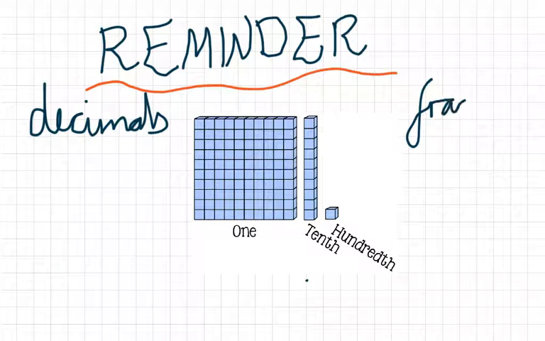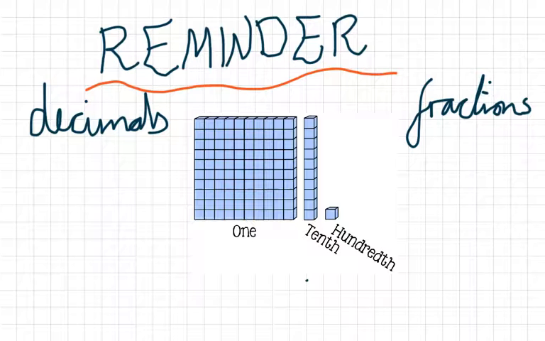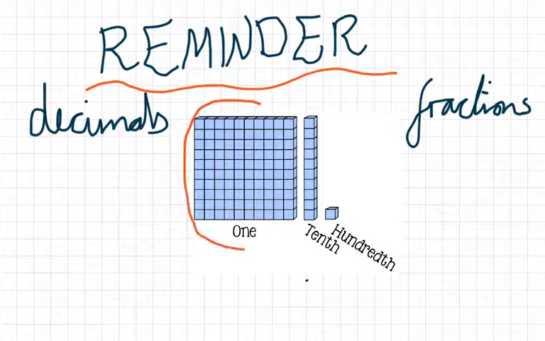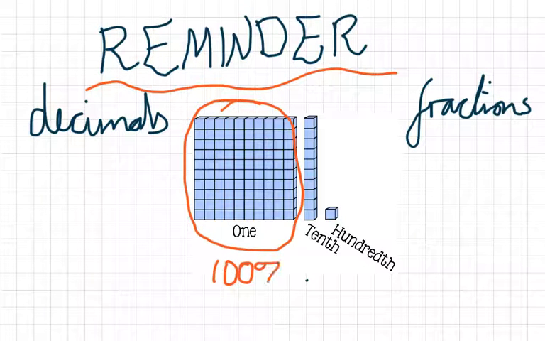Decimals, fractions and percentages are all linked, and they can all be shown using an equivalent value. So I can have a decimal that has the equivalent value to a fraction that has the equivalent value to a percentage. So if you look at the diagram I've got here, here is my one whole. So 100 square in this case equals 1. Okay, that's 100% or 1. Okay.